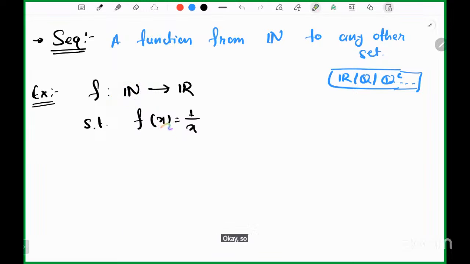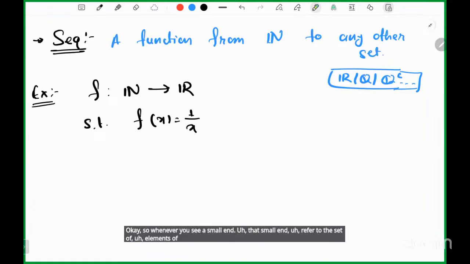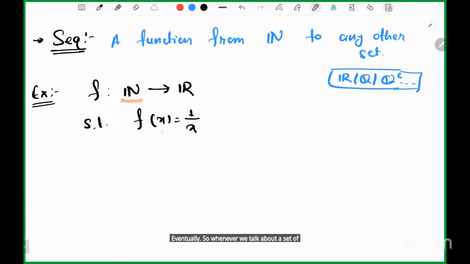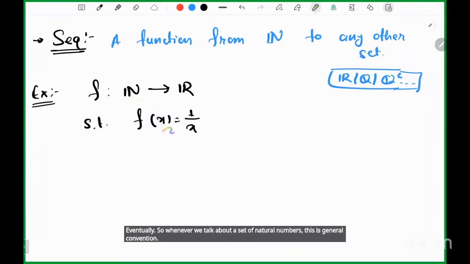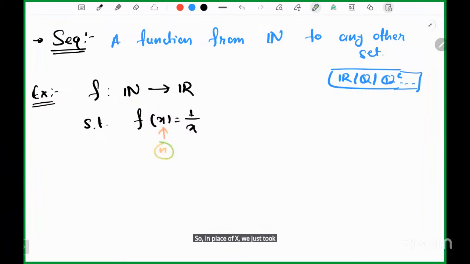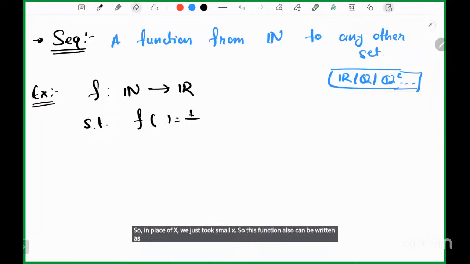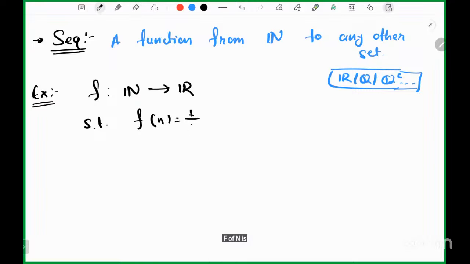Whenever you see a small n, that refers to the elements of the natural set, that means natural numbers. This is the general convention. So this function also can be written as f(n) = 1/n. Okay, so this is an example of a sequence.